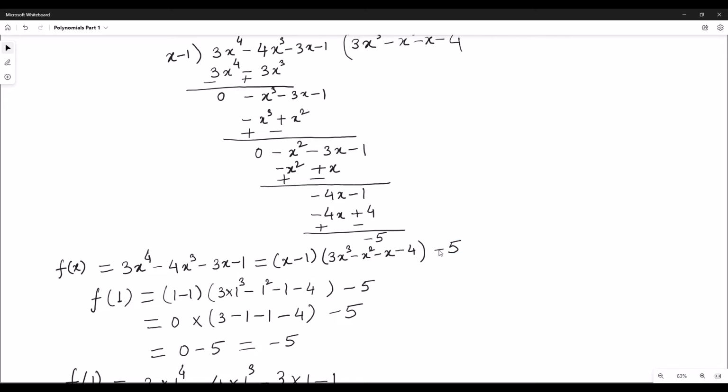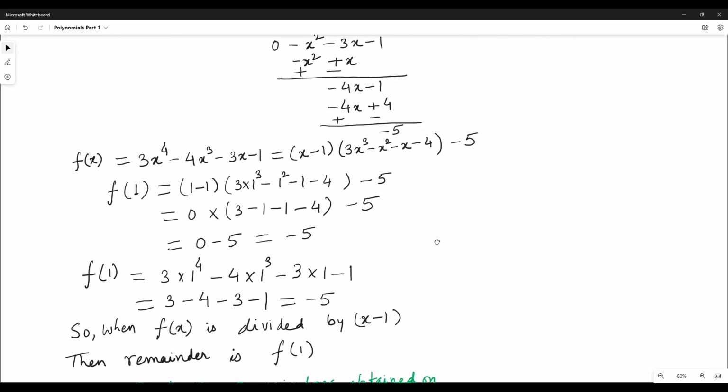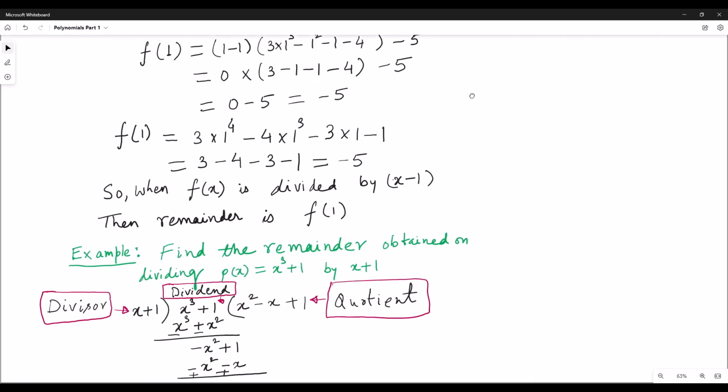So what is left is only remainder. So if f(x) is divided by x minus a, then remainder is f(a). So this is the simple thing, right? Dividend is equal to divisor into quotient plus remainder. If you remember this formula, then you can understand remainder theorem in a very simple way.